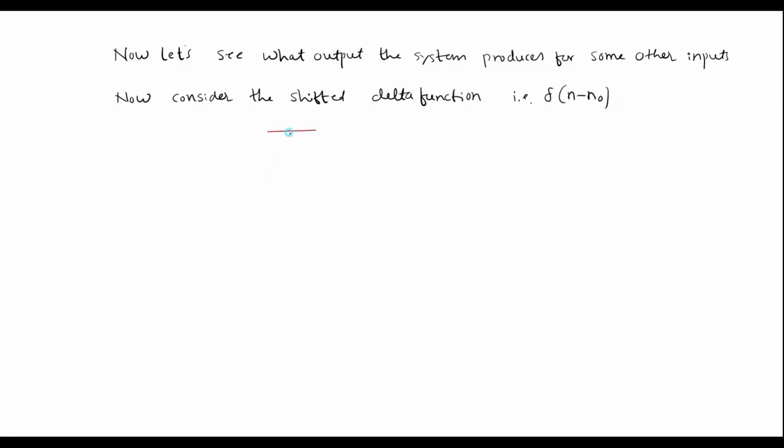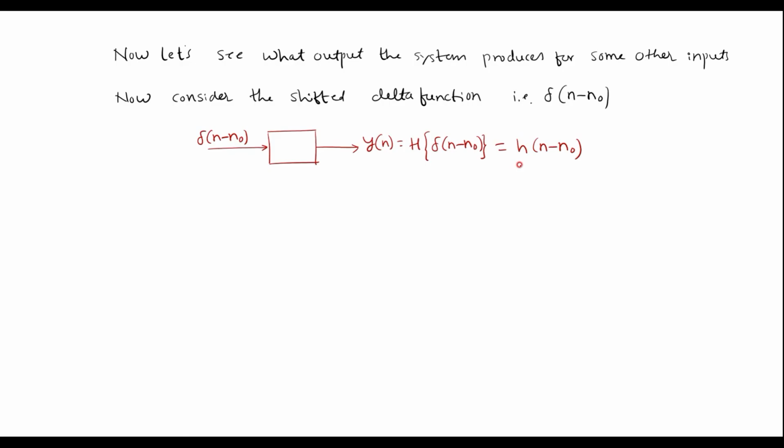Suppose now if the shifted input delta of n minus n naught is applied to the system, then the output of the system, say y of n, is equal to H of delta of n minus n naught, which is equal to h of n minus n naught.